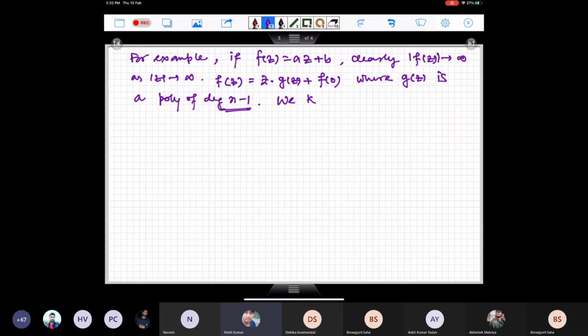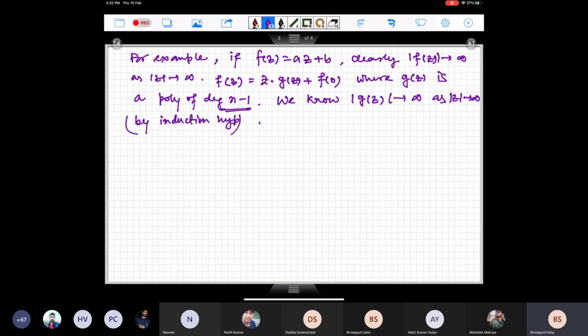We know mod of g of z tends to infinity as z tends to infinity. So by induction hypothesis, and hence here I have this term going to infinity, this term going to infinity.